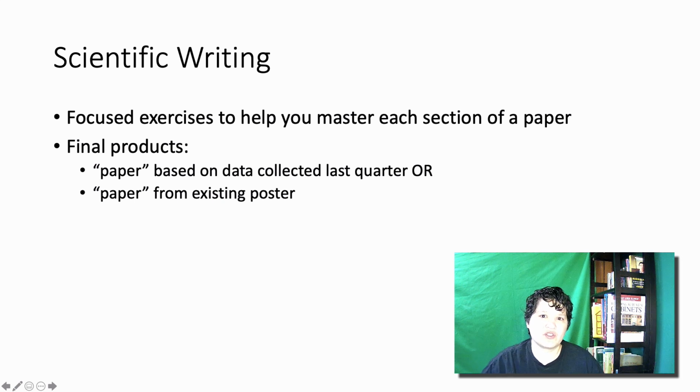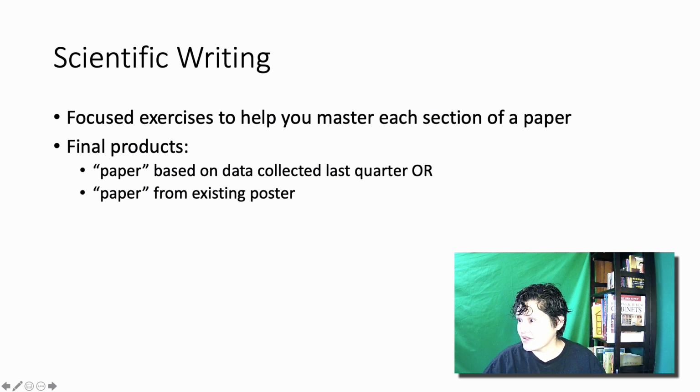What you're going to do as a project is you're going to write a scientific paper. Now, in an ideal world, this would have been with the data that you collected yourself. But since we are limited in terms of not being able to do lab work this quarter, you're either going to be using data that we collected last quarter, if you feel comfortable with statistical analysis, which I know some of you have had stats.